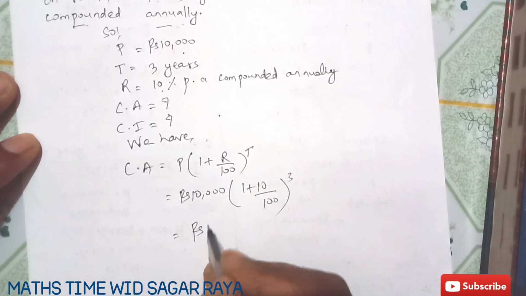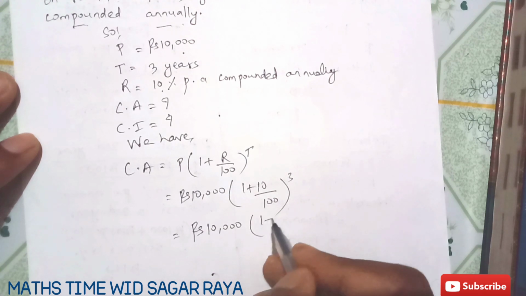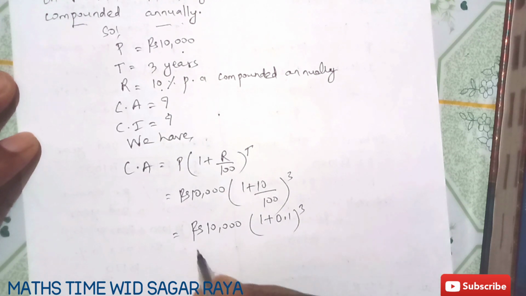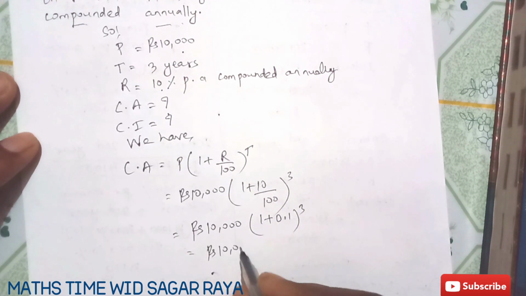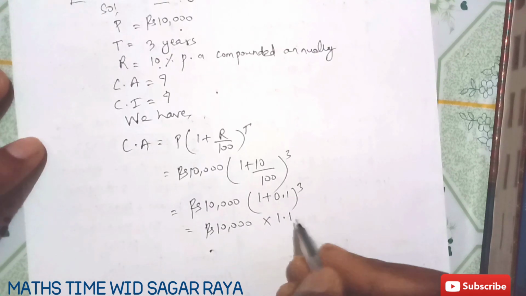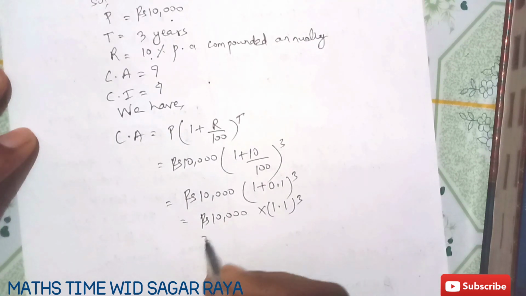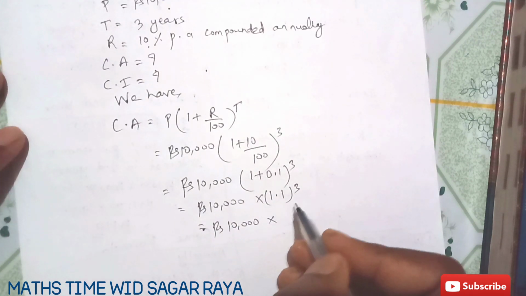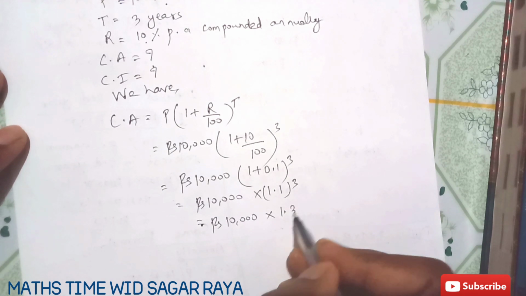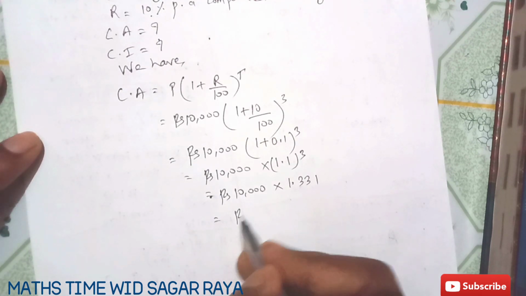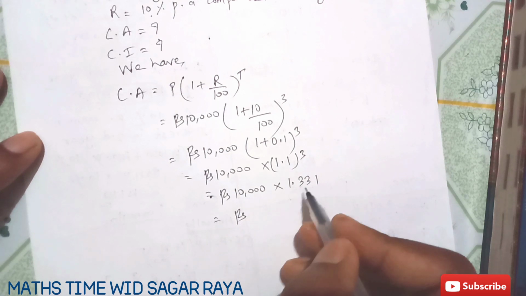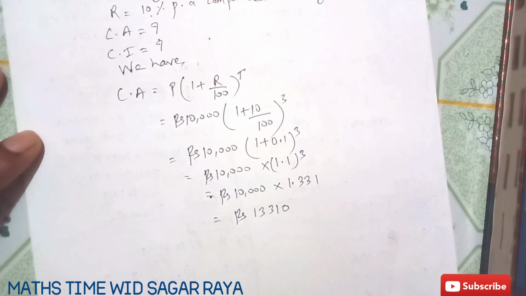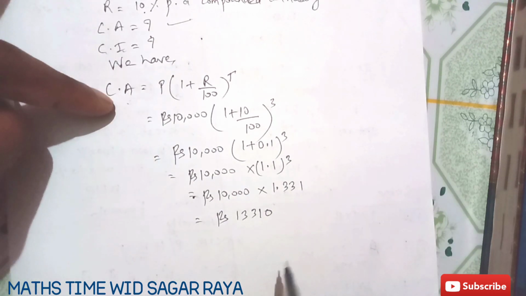So rupees 10,000, 1 plus, if you divide 10 by 100, you will get 0.1, whole cube. So 10,000 into 1.1 cube. If you just cube this 1.1, it will become 1.331. So multiply rupees 10,000 into 1.331, 13310 is the answer.